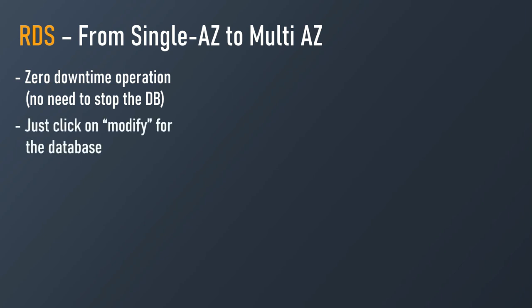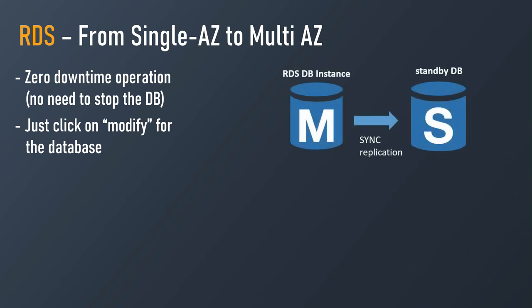The only thing you need to do is to click on modify for the database and enable multi-AZ. That means that your RDS database instance is going to have a master and a standby DB with synchronous replication without you doing anything except modifying that setting, and the database will not stop.